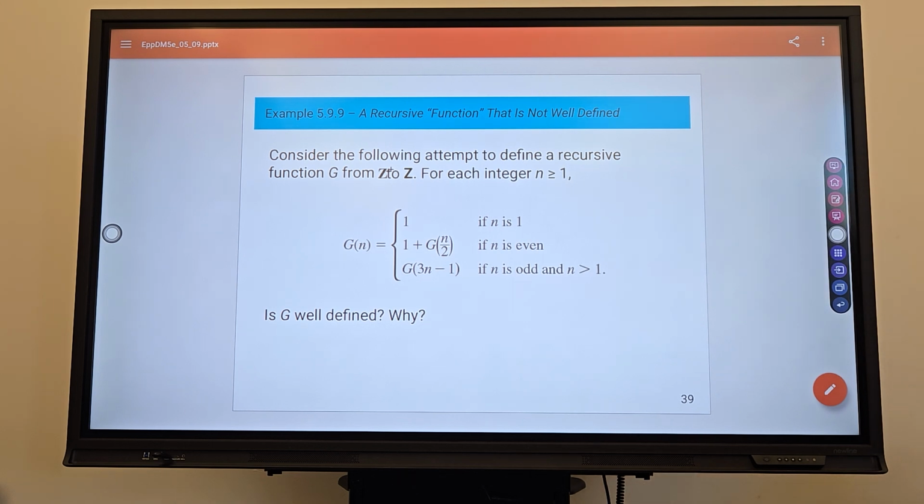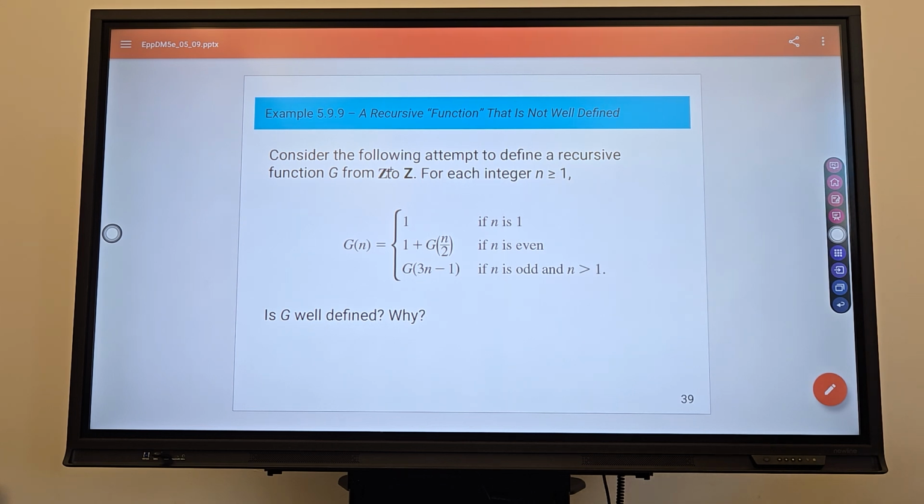G of n is equal to 1 plus G of n divided by 2 if n is even. And G of n equals G of 3n minus 1 if n is odd and n is greater than 1. Is G well defined?